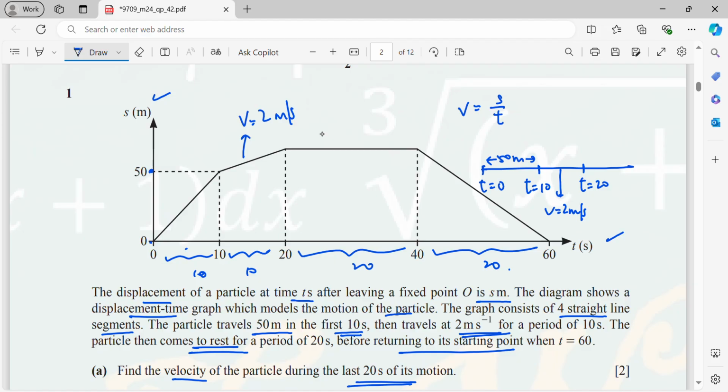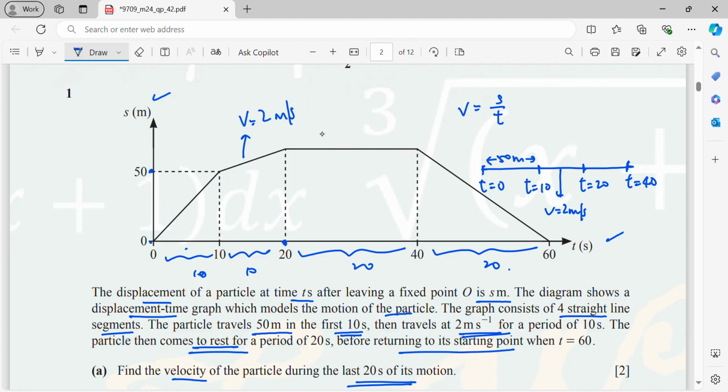And then after that, when it reaches 20 seconds, it will be at rest for another 20 seconds here. So before it returns to the starting point, when t equals 40, then it will be going back.